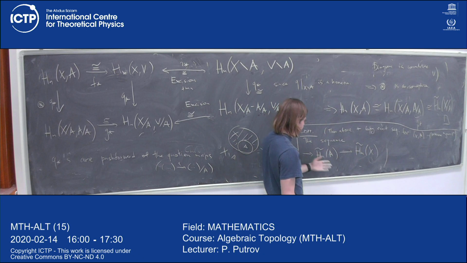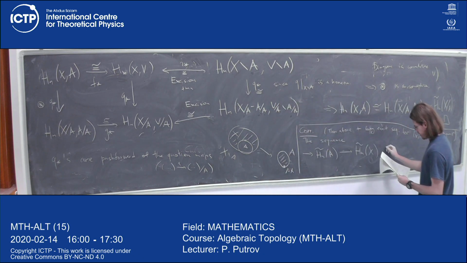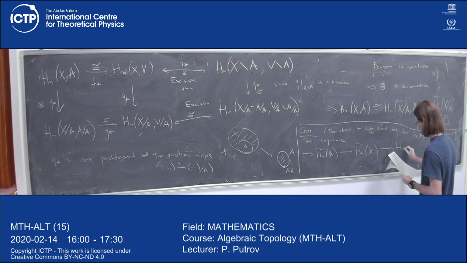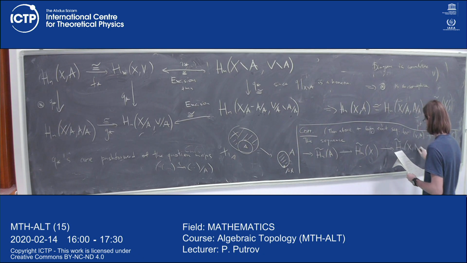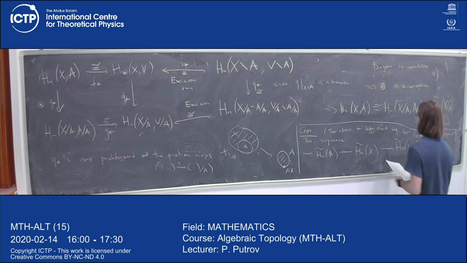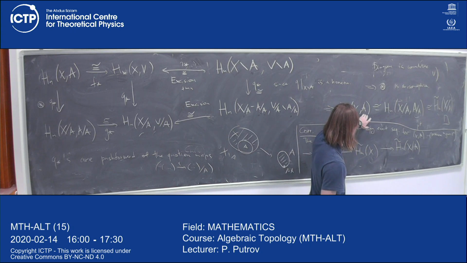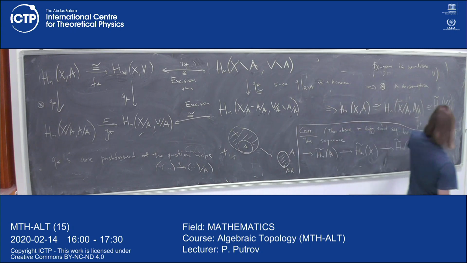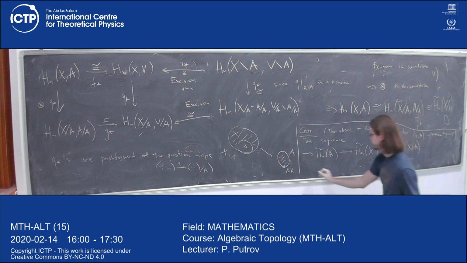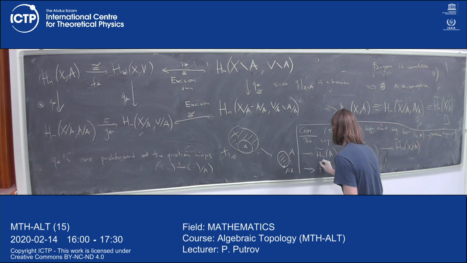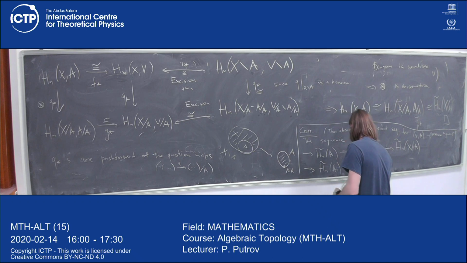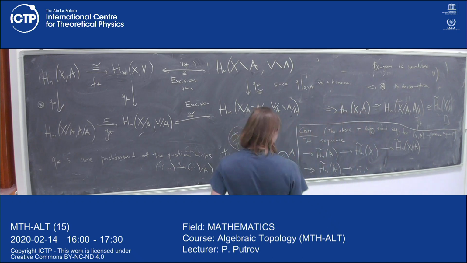And for n equals 0, they just differ by Z. So what we are doing here is, we had the long exact sequence of relative homology, and in the places where we have the relative homology of X, A, assuming this pair is good, we can replace it by this quotient.